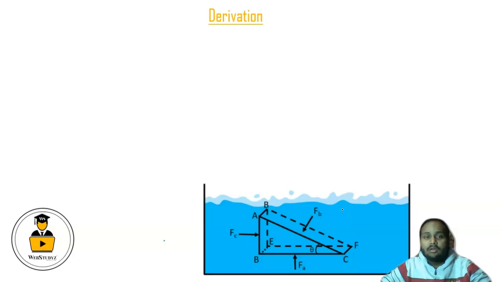The element is so small that all its parts can be assumed to be at the same depth from the liquid surface, and therefore the effect of gravity will be the same at all the points.